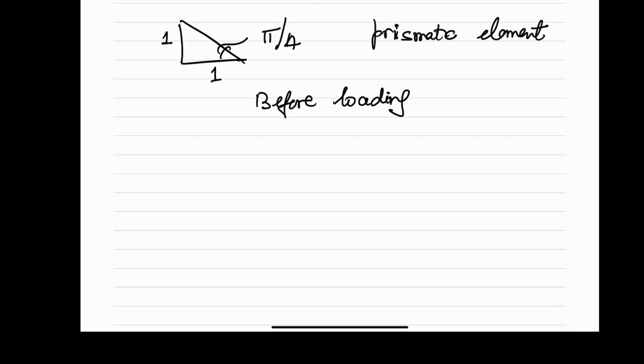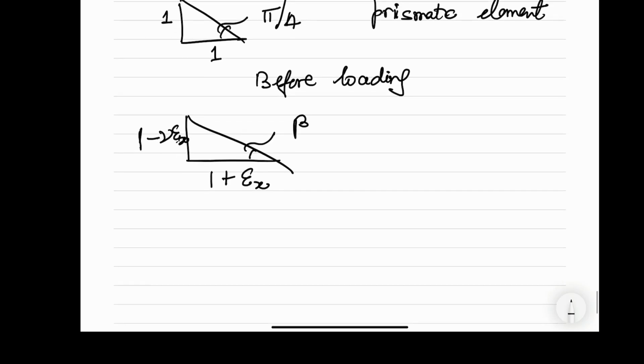Okay, so this is before deformation. After deformation, this will become 1 plus epsilon x. This will become 1 minus nu times epsilon x. And this angle, let's say, is beta.